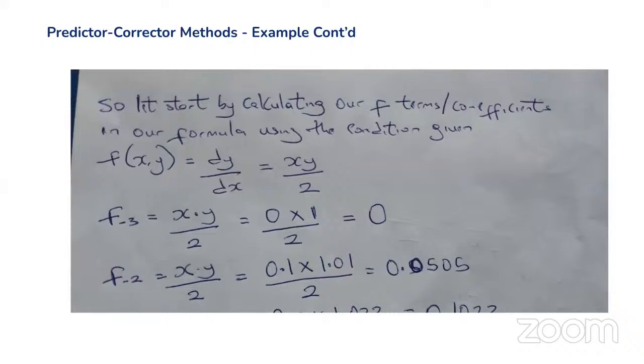Now get the value of y that we were given also, y minus 2. So that's 0.1 times 1.01 divided by 2. We'll get the value of f minus 2 that we're going to be using in our formula. So the last step is to get the values of f minus 1 and f naught.